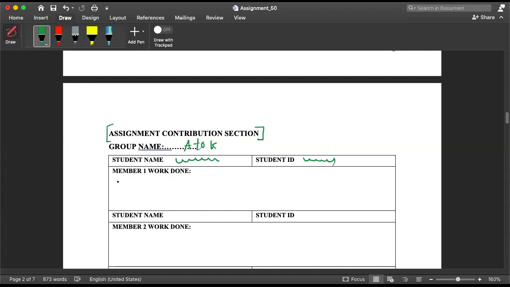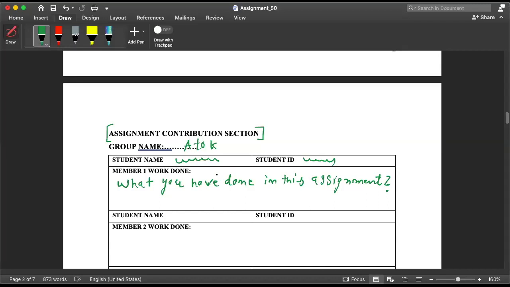Work done means what you have done in this assignment, right? Your contribution, your work, your task that you have done, the questions that you have done, all right?